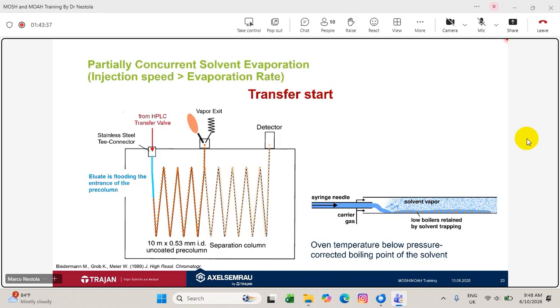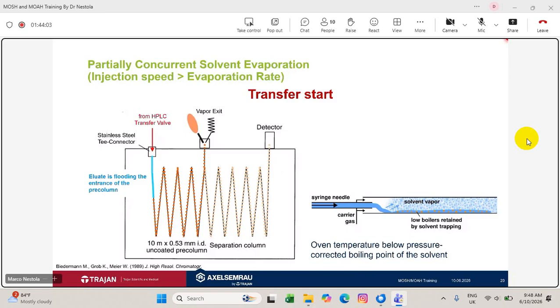Okay? When we now open the solvent vapor exit, what is the consequence for the carrier gas? The amount that reaches the detector is much less, because effectively we have just a 10-meter column anymore, which is directly connected to the atmosphere.